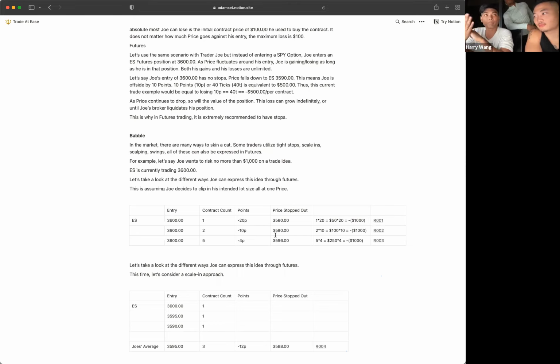And as price may go against them, their interpretation of the market may still be valid, thus allowing them to add into the position, which would eventually change your average entry and potentially result in a profitable trade.